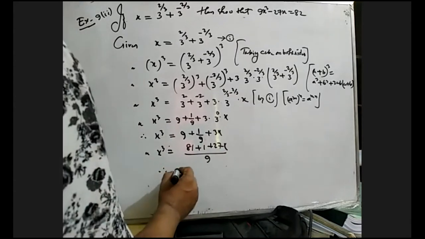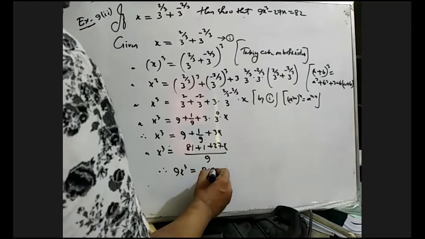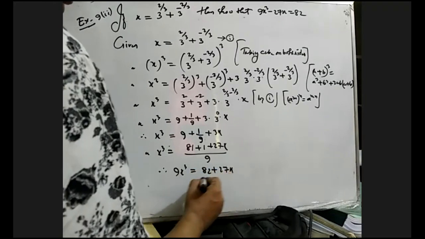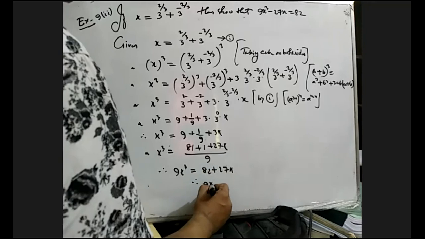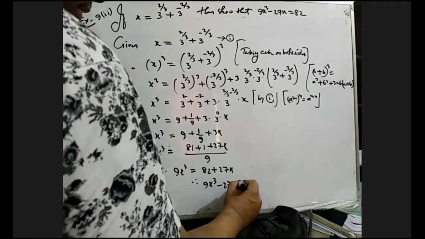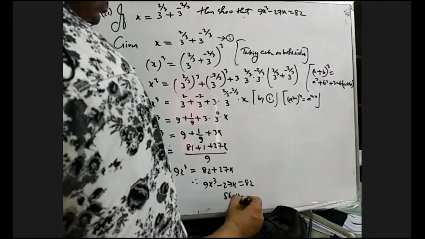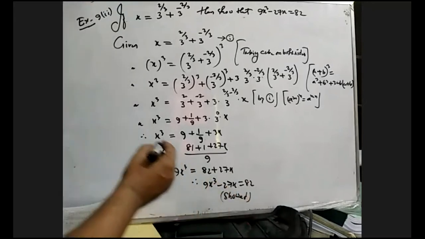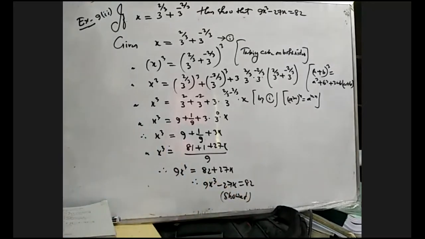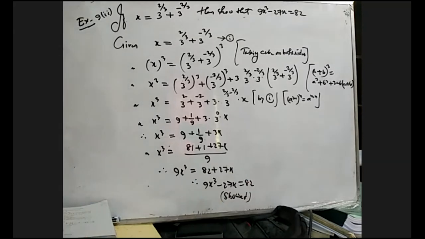Therefore, by cross multiplication, 9x cube equals 82 plus 27x. Therefore, 9x cube minus 27x equals 82. Shown. Okay, this is the actual proof, a very easy example using the previous one.